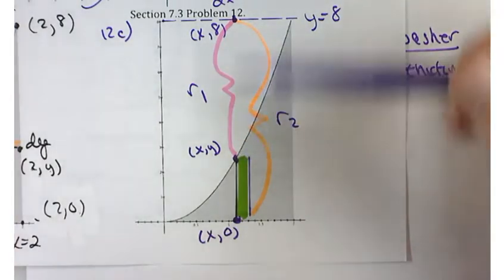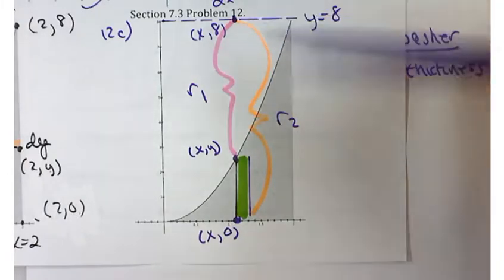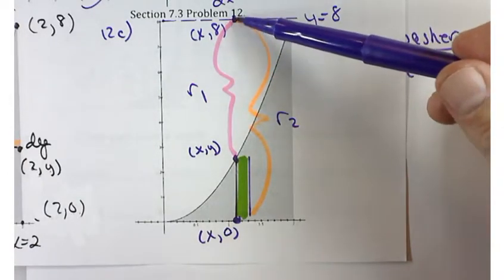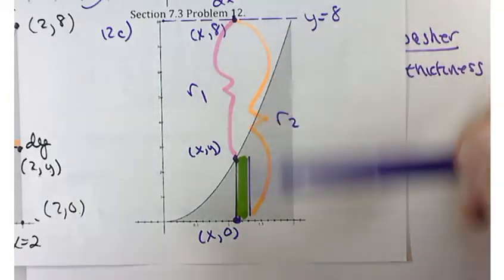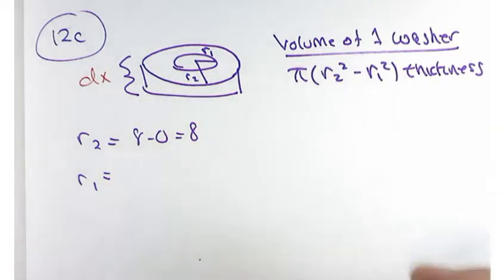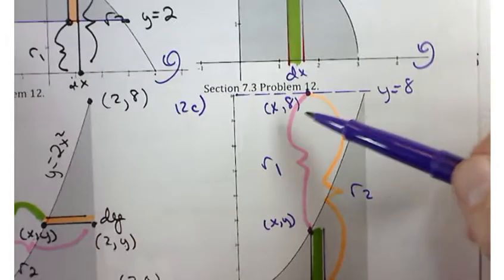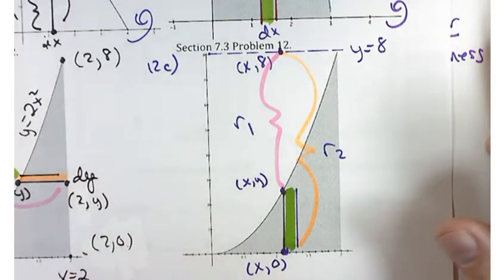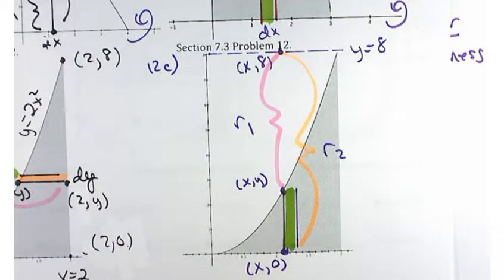As far as the radius is concerned, R2 is going to be what minus what? 8 minus 0. Good, so top minus bottom. 8 minus 0 is just 8. Does it matter where your axis of rotation is compared to the top and bottom?